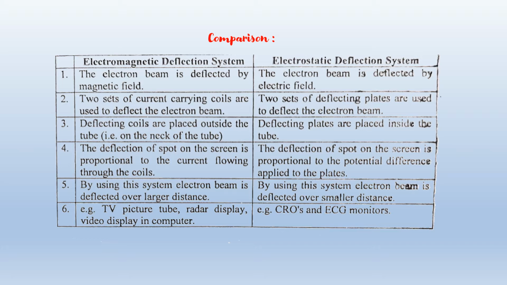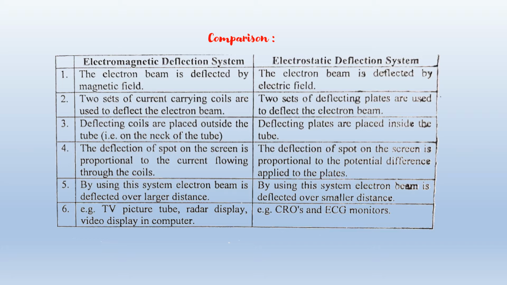In case of electromagnetic deflection system, the beam is deflected by magnetic field, while in case of electrostatic, it is deflected by electric field. Two sets of current carrying coils are used to deflect the electron beam in case of electromagnetic deflection, while in case of electrostatic, deflecting plates are used.